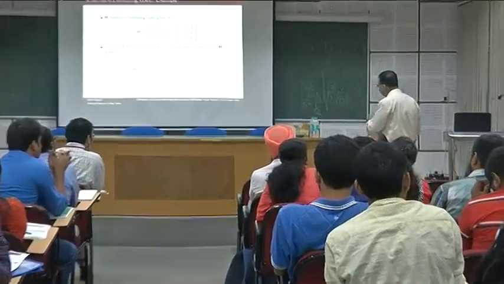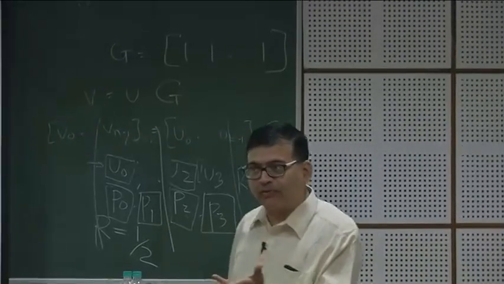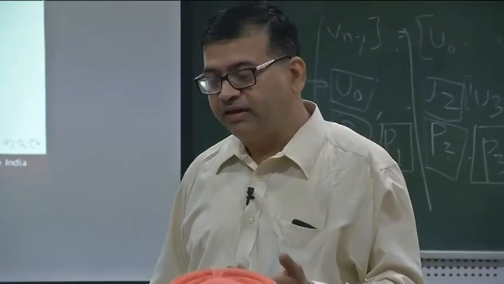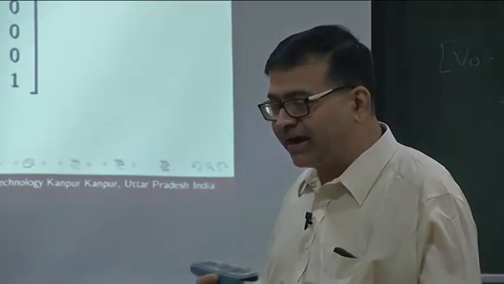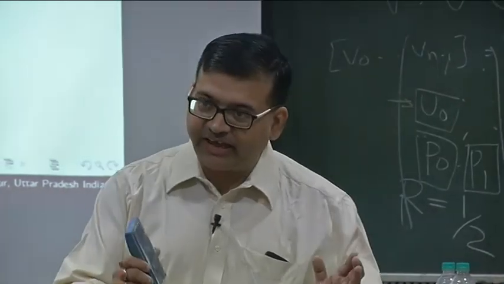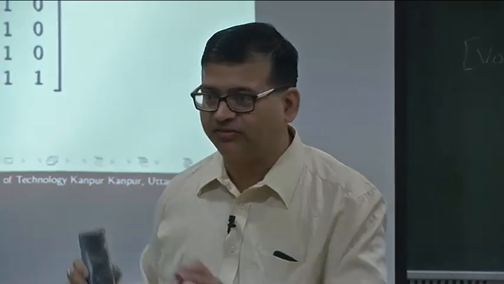Basically what I am trying to say is, code performance is very much dependent on the distance profile of the code. Now, look at systematic versus non-systematic. In systematic, the k bits appear exactly like this, and then you have n minus k bits, these are parity bits.